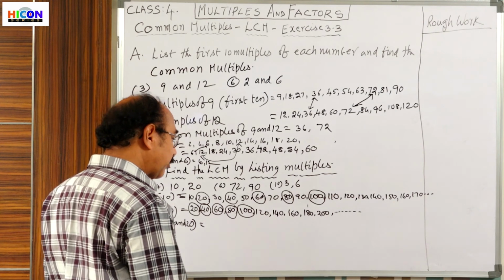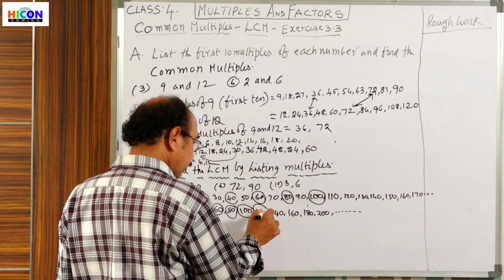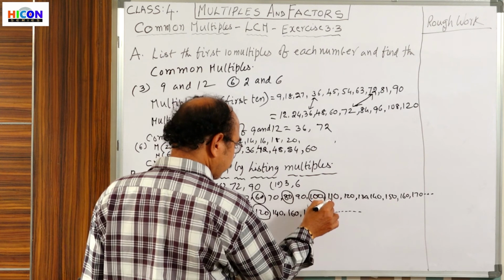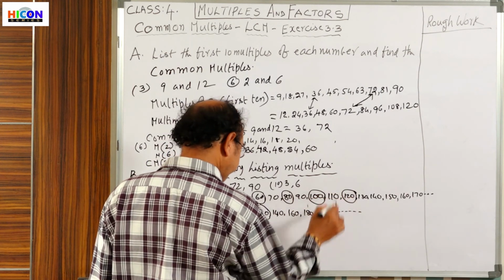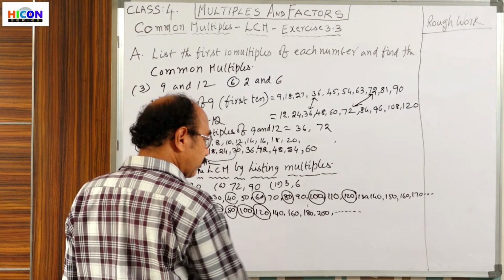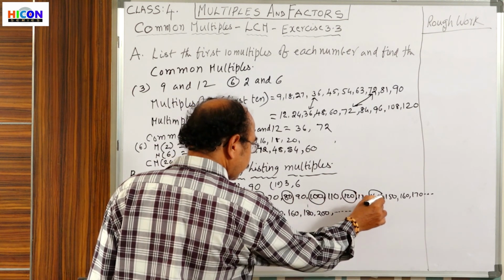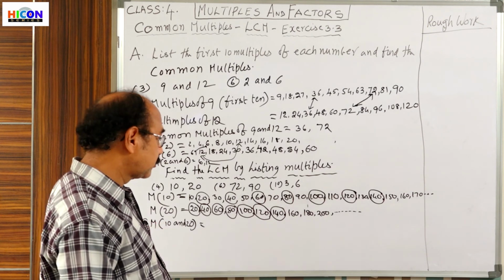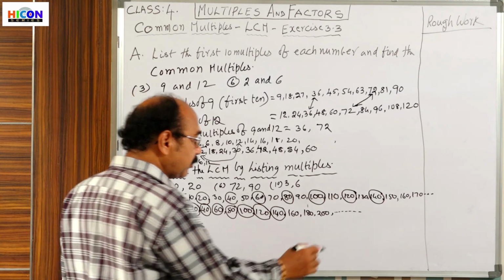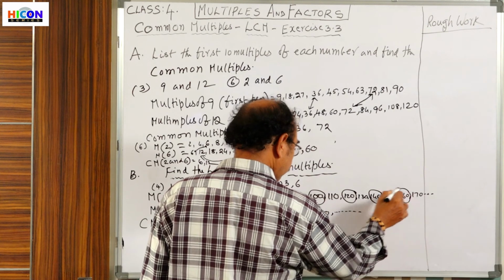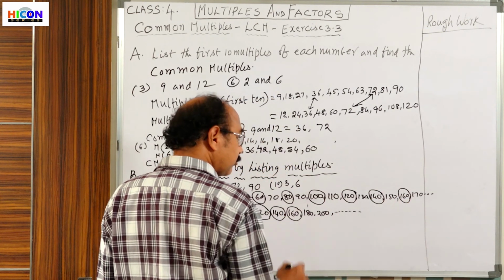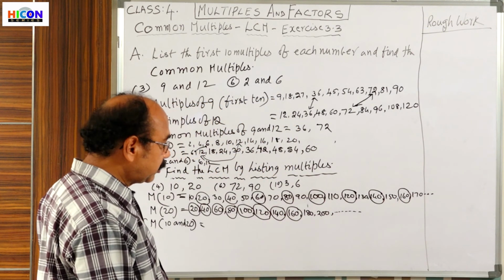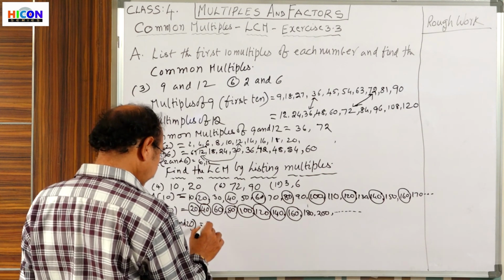Look at children, 120. 140. Like this, children, common multiples. 160. Here 160 is common. Look at children, and so on.